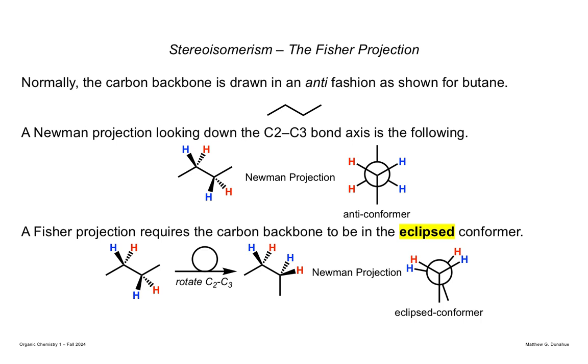So you have to do that. And now, so there's the eclipsed conformer. So you have red, blue, blue, red. So in the Fisher projection, the backbone is eclipsed. It's no longer anti.